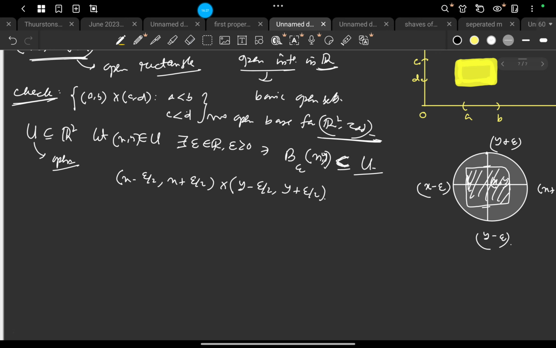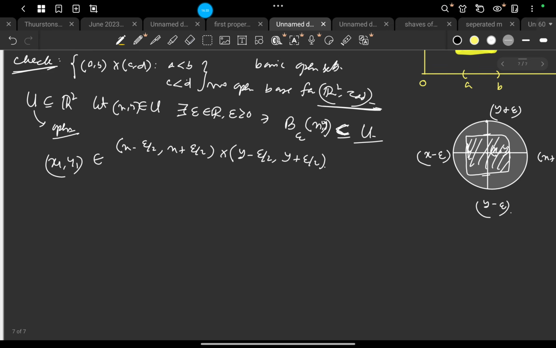Alright, so you can easily check that suppose (x1, y1) belongs to here, so mod of x minus x1 is less than epsilon by 2 and mod of y minus y1 is less than epsilon by 2.